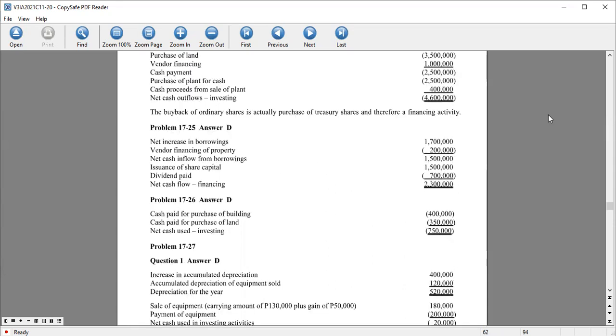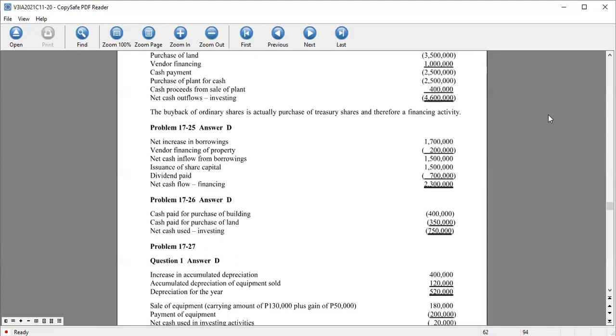Now in number 25, this is a financing net cash inflow. In number 25, net increase in borrowings of 1.7 million. That's the increase in borrowings.